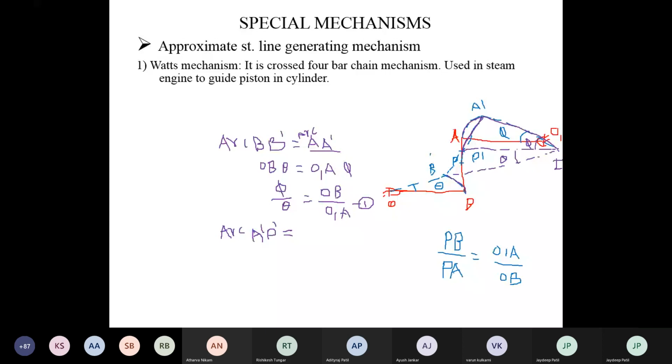Now A dash P dash is your arc. क्या आएगा यहाँ पे? Radius कौन सा आएगा? What is the radius? IP dash into phi. And same you will get the arc B dash P dash.